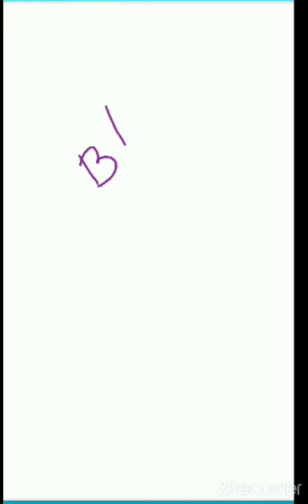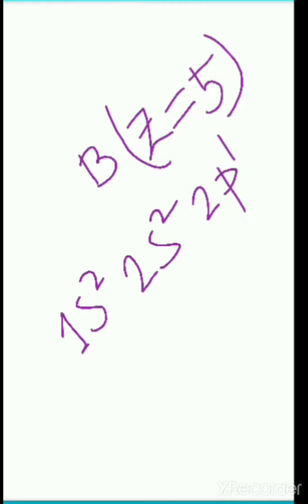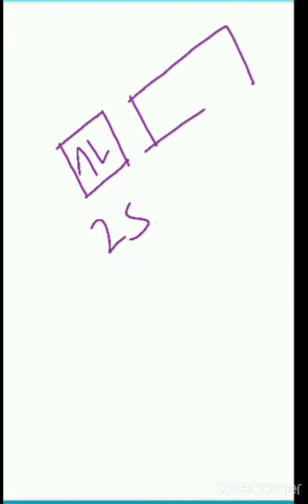The atomic number of boron is 5, right? 1s2, 2s2, 2p1. Now this is 2s and this is 2p of boron.